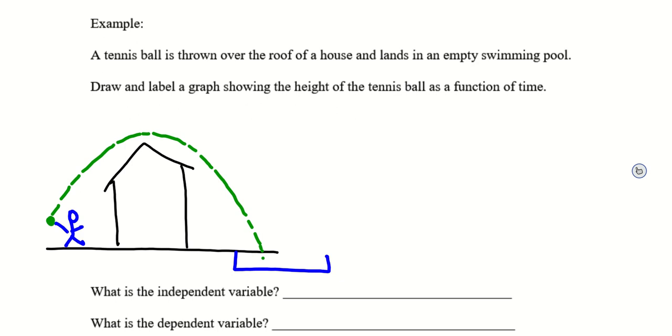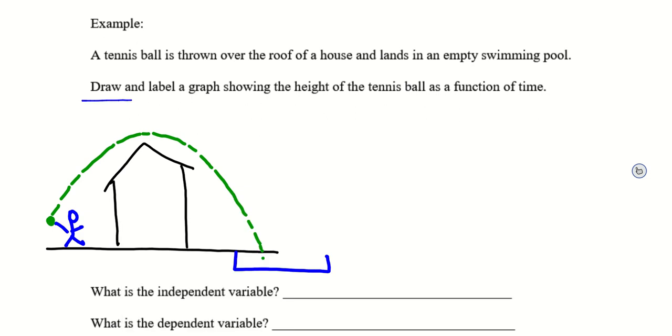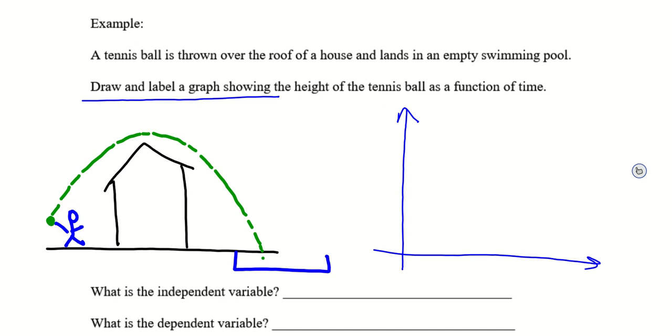Now, this is not a graph. This is just an illustration of what's going on. Our job in this problem is to draw and label a graph showing the height of the tennis ball as a function of time. So if we're going to draw a graph of a function that involves 2 variables, which functions do, we need 2 axes.